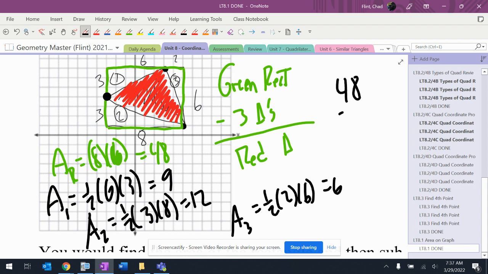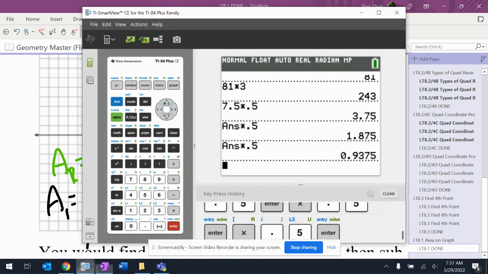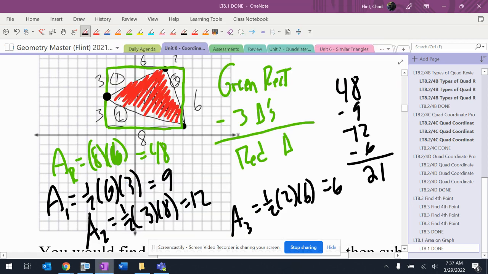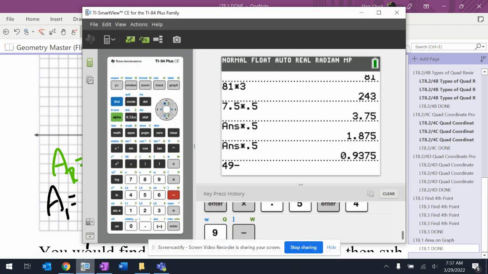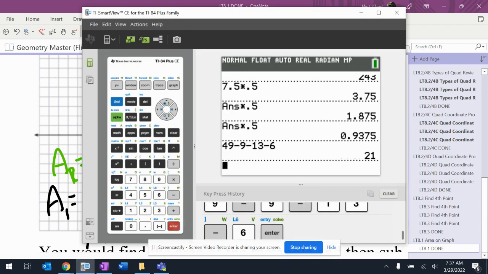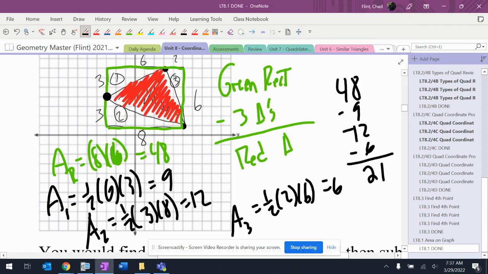So it's 48 minus 9 minus 12 minus 6, which is 18, 27. So 21, I think. Let's double check that. 48 minus 9, 12, and 6. 9, 12, and 6. 21. Right, so the area of that red triangle is 21.